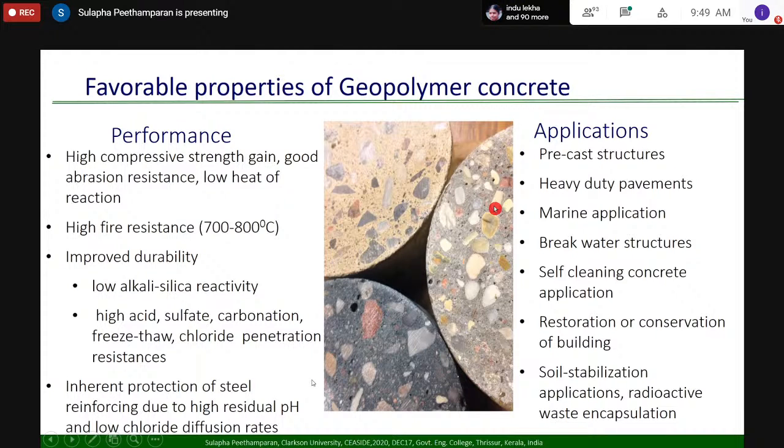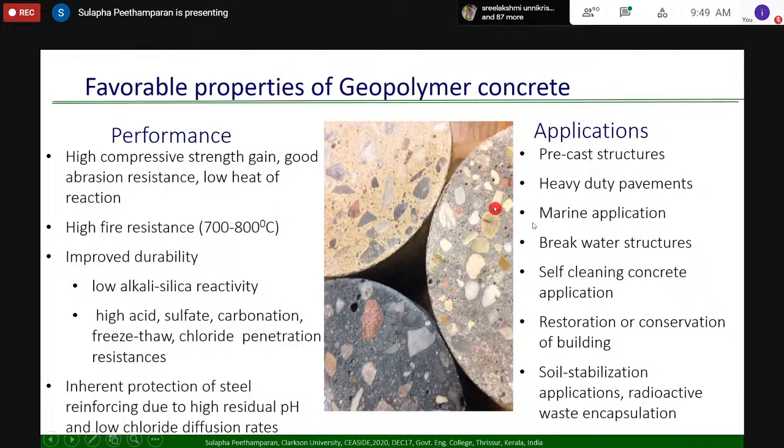Even just in my group, 5 PhD students graduated on this topic. So a lot of work has been done, and we have a lot of information saying that it is a very good material, with performance similar to a normal concrete, but better fire resistance, better durability, better corrosion resistance.